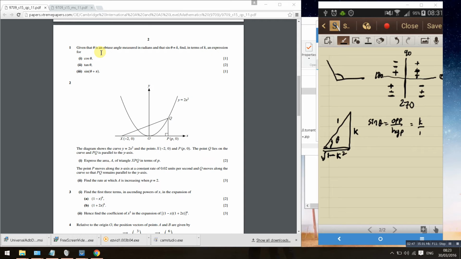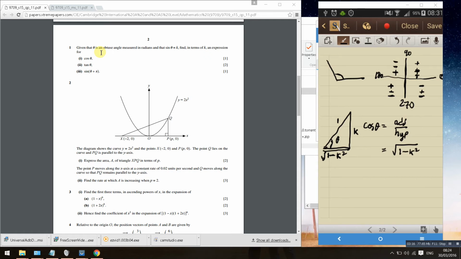So the question wants us to find cosine theta. Cosine theta is just adjacent over hypotenuse. And we can see from the triangle that the adjacent is square root of 1 minus k squared, over 1, but we don't write it there because it's just over 1. But theta is obtuse.